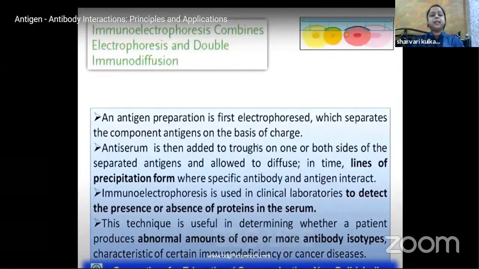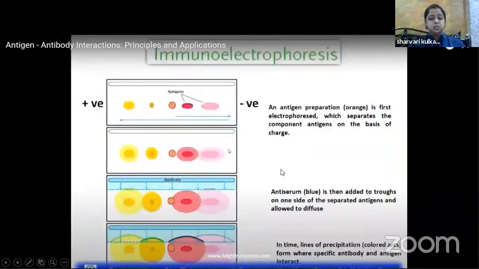Now the second technique, which is immunoelectrophoresis. As the name itself says, immuno and electrophoresis, it combines electrophoresis and double immunodiffusion. How does it combine? First, antigen preparation is electrophoresed, and it separates component antigens on the basis of charge, right?